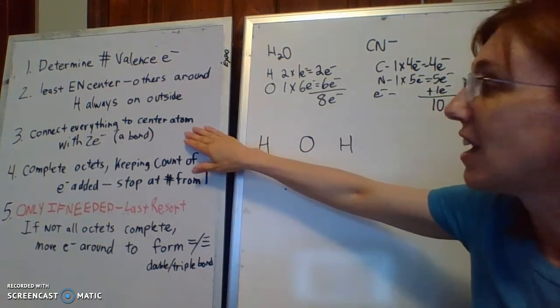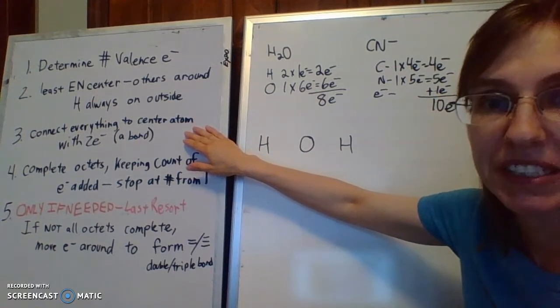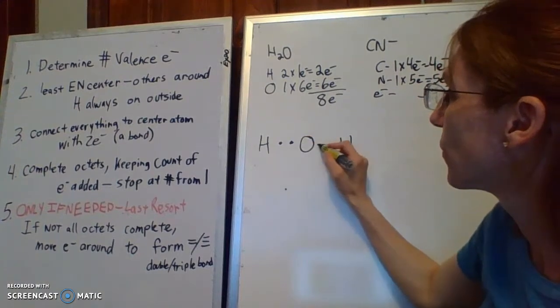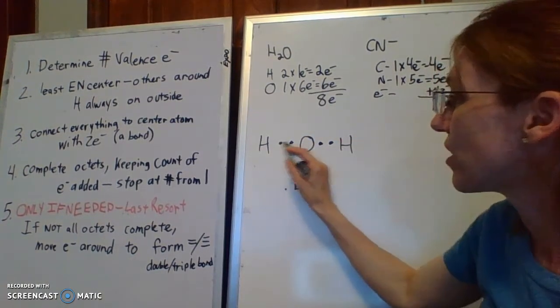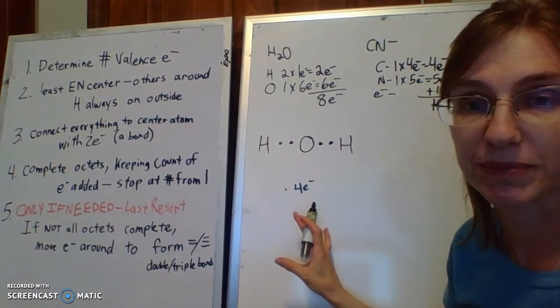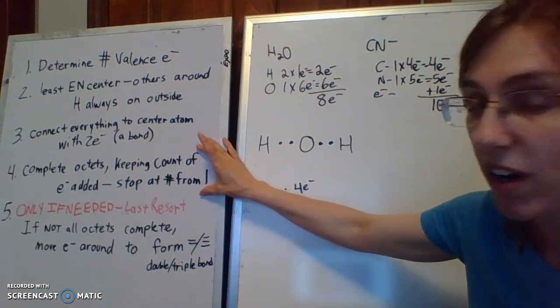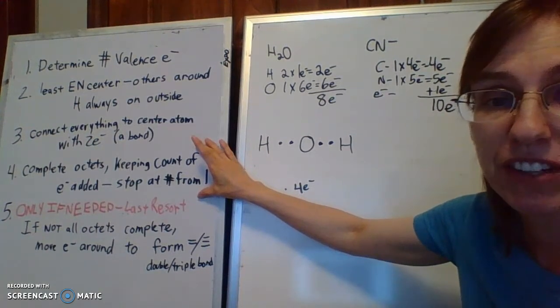Number 3, connect everything to the central atom with a bond, basically 2 electrons. So we've got 1, 2, 3, 4. We've used 4 electrons just to connect everything up. Okay. Then we'll go on to rule number 4. Complete all your octets and keep count of the electrons you're adding.